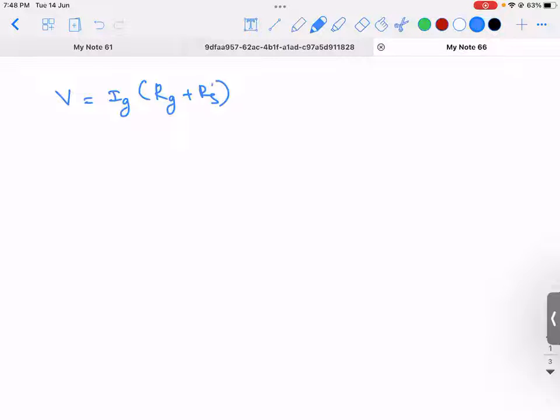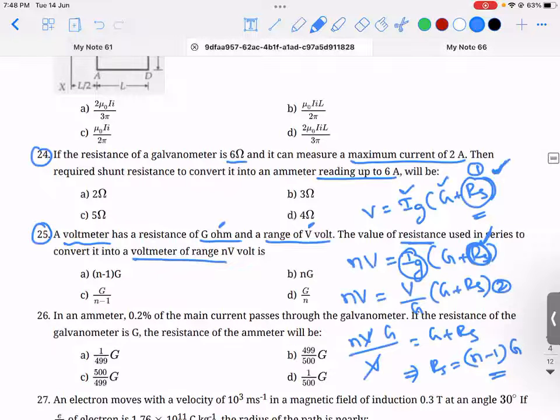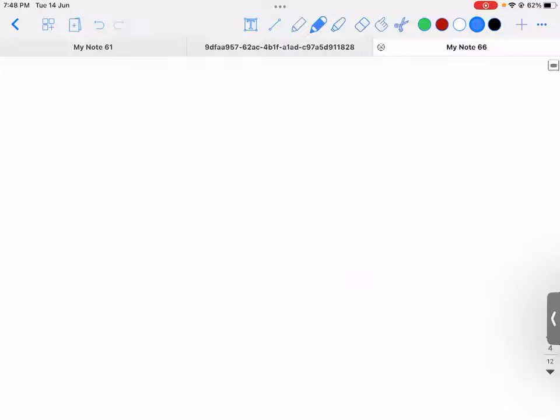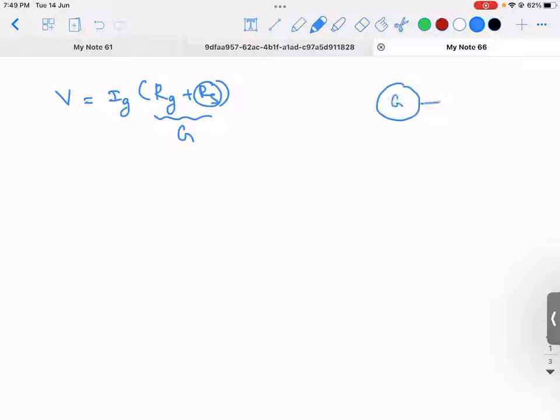But my question is, you don't know what the value of the resistor you connected in series in the first place. Read the question again. They gave you G only to confuse you. They are saying the voltmeter has a resistance G, which means RG plus RS totally put together is G. It is not the resistance of the galvanometer. Please understand that, because when you look at the circuit, it is G and this is RS.